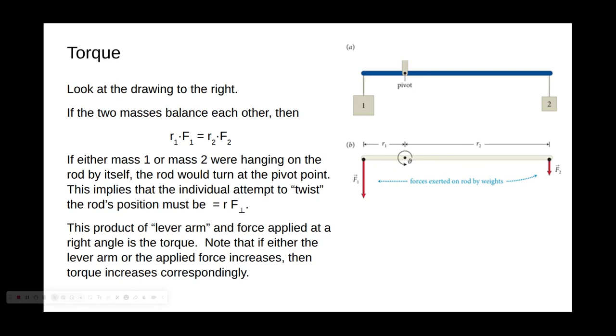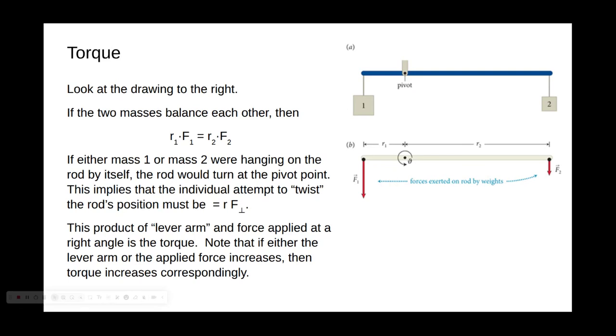Now, if you only had one mass hanging on this rod, it would be spinning. It would tilt down, right? But if they're not tilting down, then that implies their twist must be related to the force being applied perpendicular and to the distance being applied, and that these two must be equal to each other.